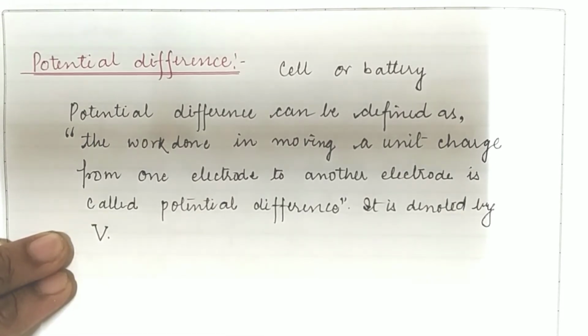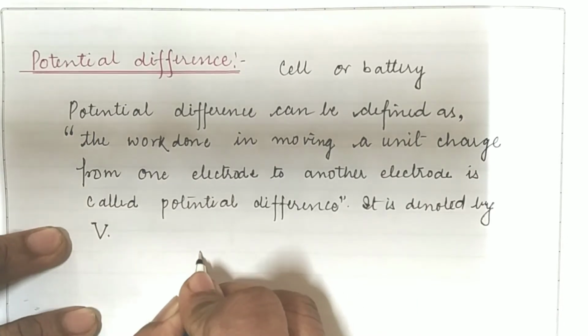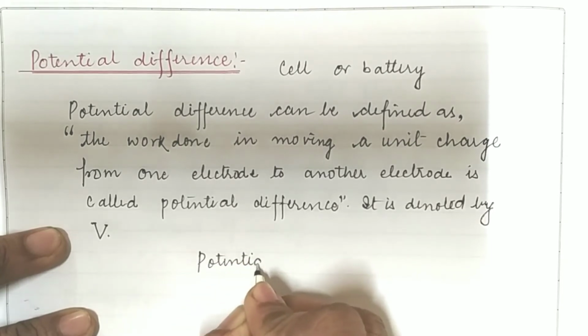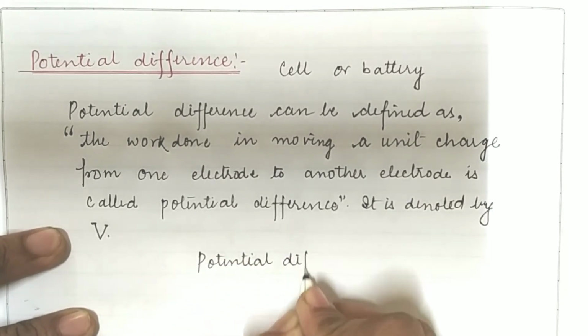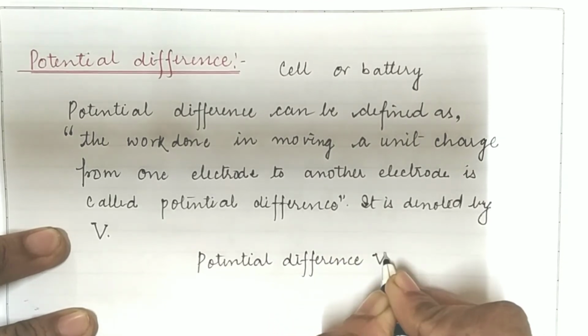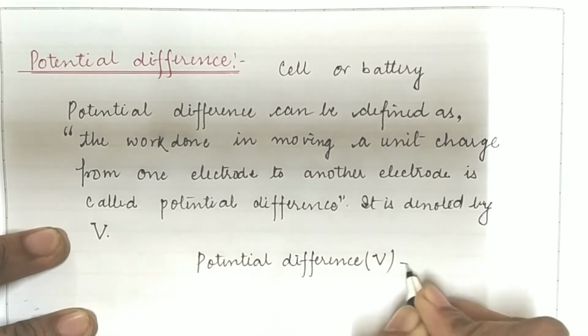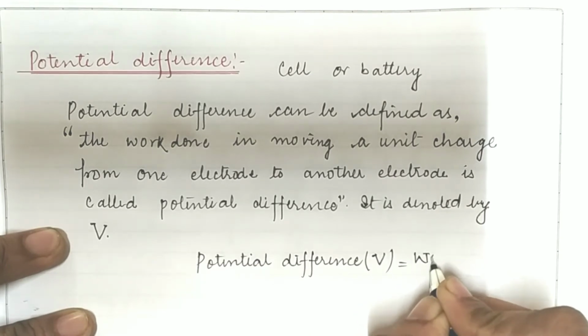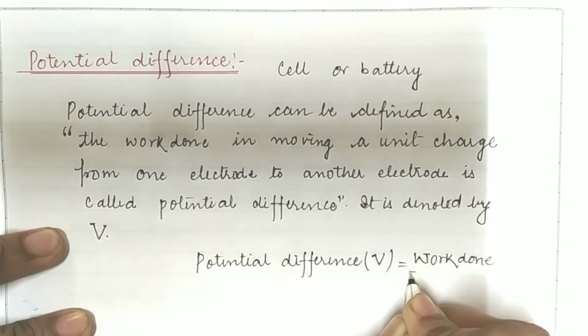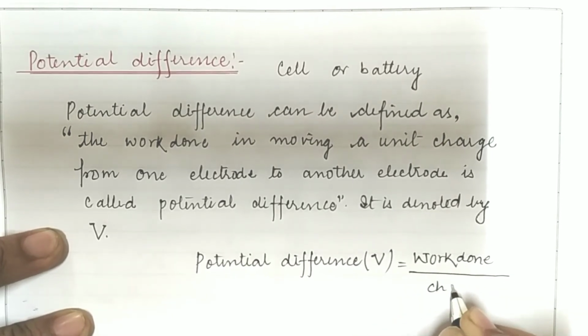So children, how can we give the formula for the potential difference? Potential difference is represented by V, which equals the amount of work done to bring a unit positive test charge.